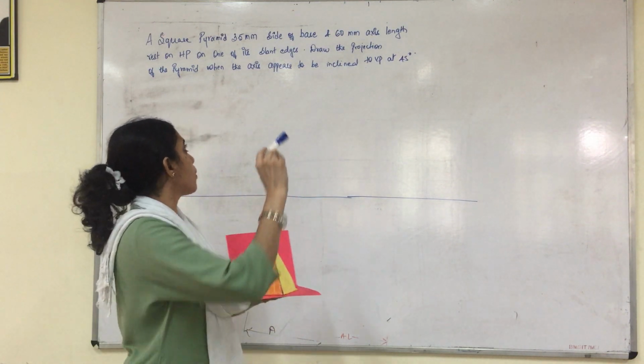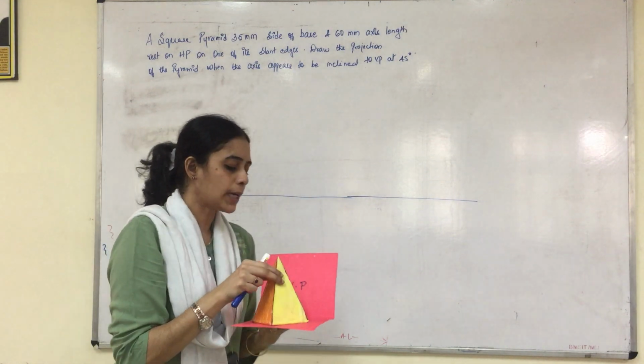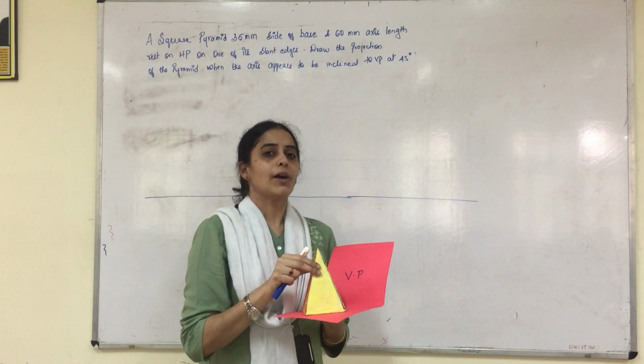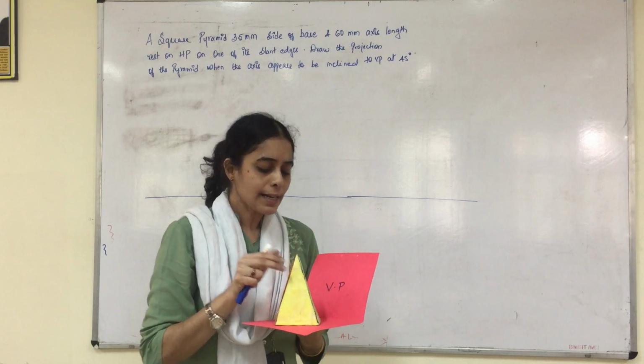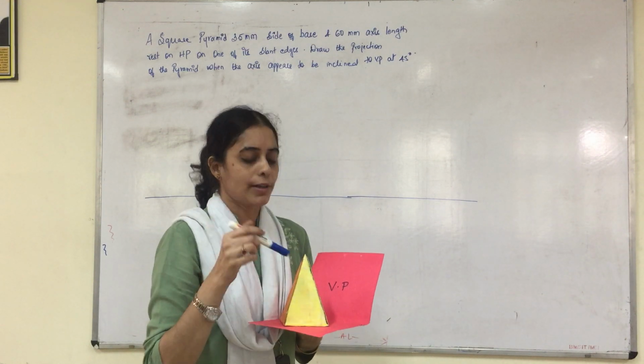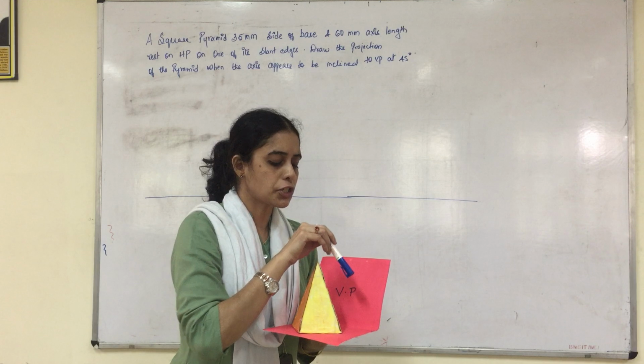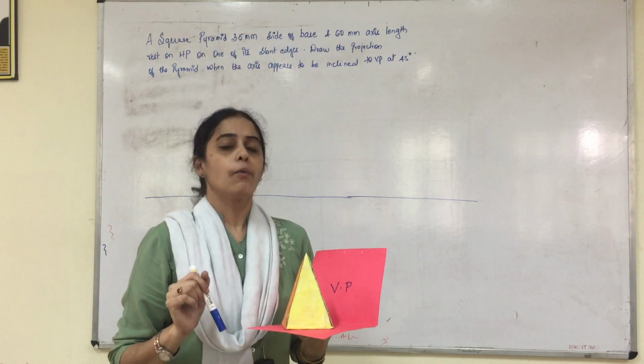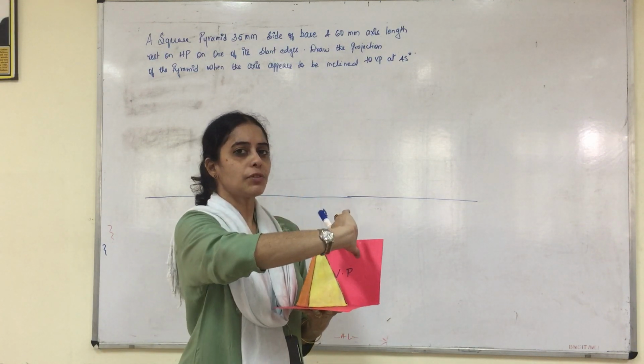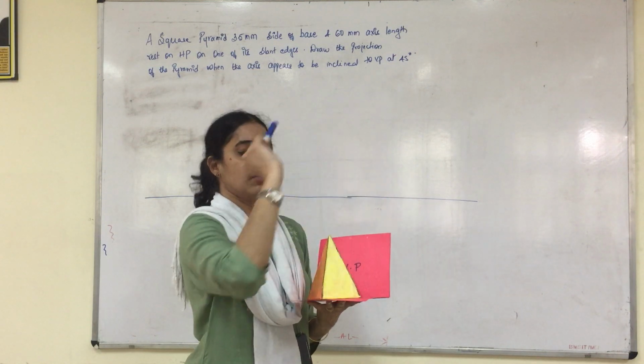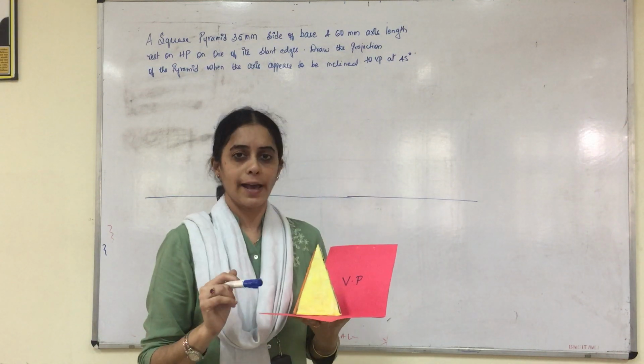Whenever it is a problem on slant edge, we keep the initial position of the square pyramid resting on one of its corners so that we can project the slant edge to the vertical plane, and then we can shift the front view slant edge towards HP.